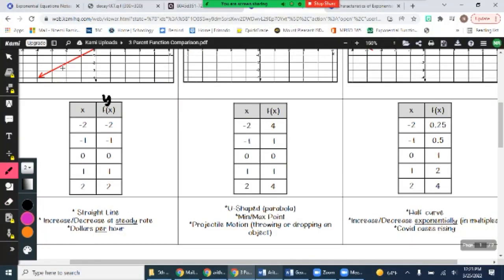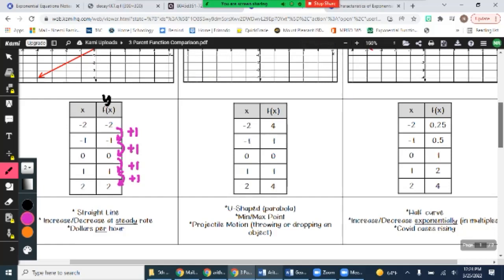So how do we go from -2 to -1? Add 1. And then -1 to 0. Add 1, 0 to 1. Add 1, and then 1 to 2. Add 1. So you get a straight line when you have a steady rate.